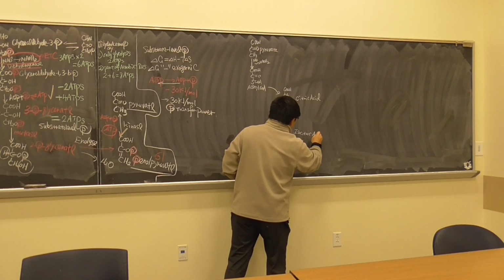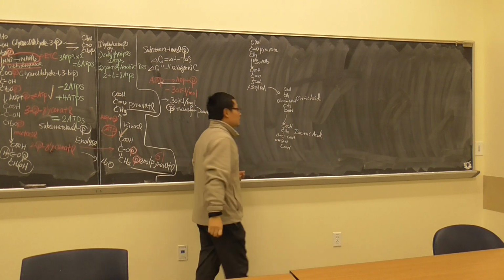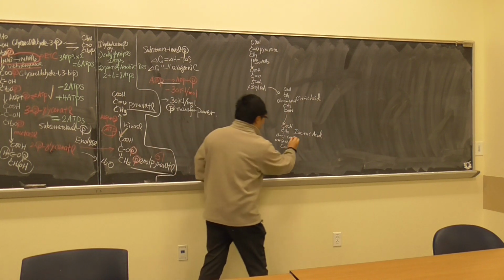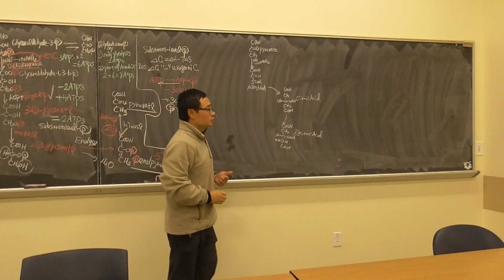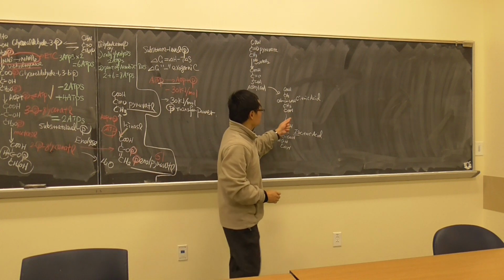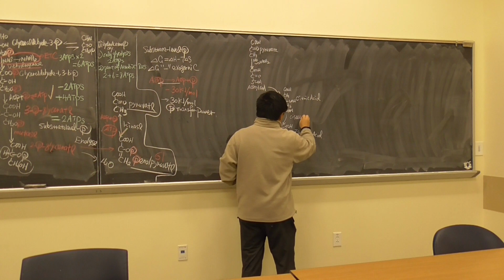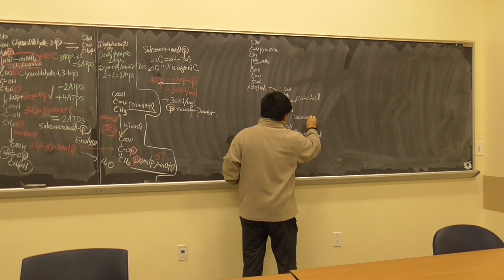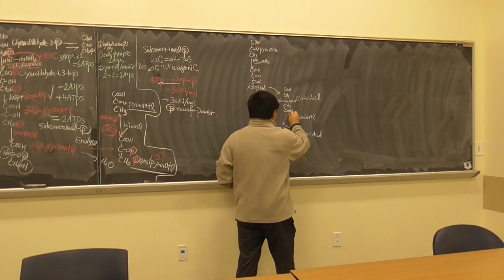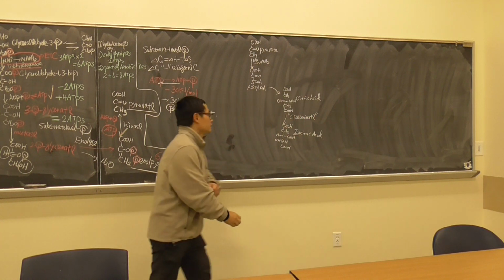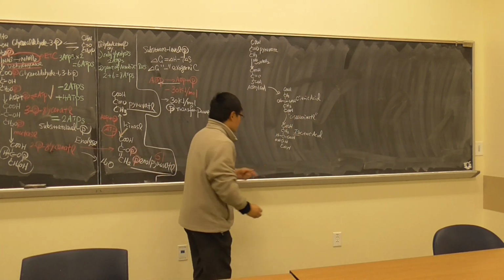Isocitric acid. Like isomerization, when you see isomerization in your biochemistry class, there is another chemical generated, cis-aconitate, sometimes called cis-aconitic acid. So we just skip that one, okay? It doesn't matter. So isocitric acid.